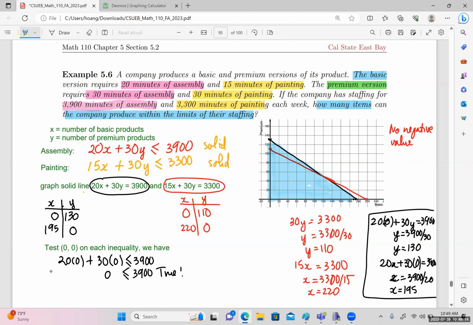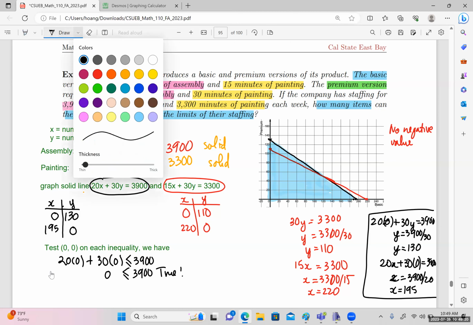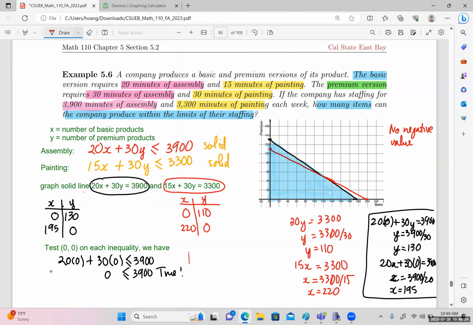Okay. Then we check with the red line. We have 15 times 0 plus 30 times 0 less than or equal to 3300, and it's also true.